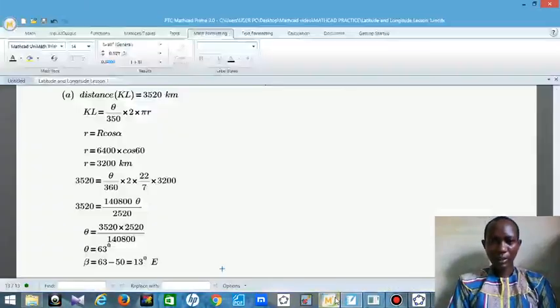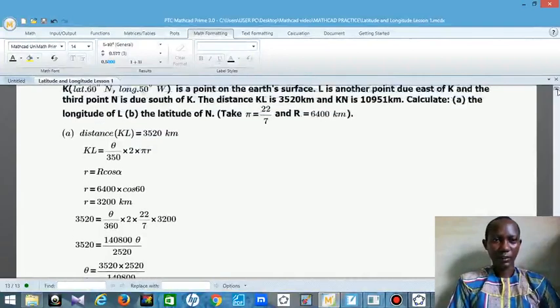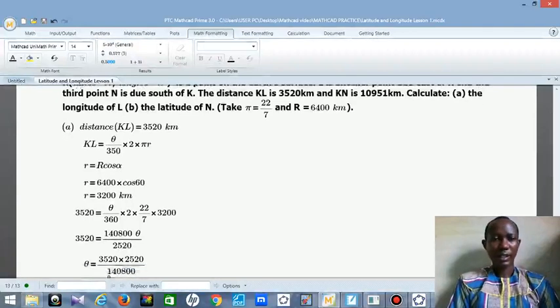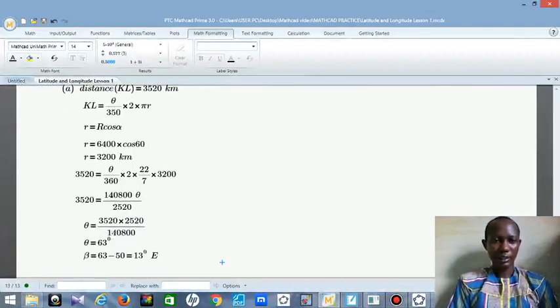So that is the first answer. You calculate the longitude of L. The longitude of L is 13 degrees east. Take note of that.